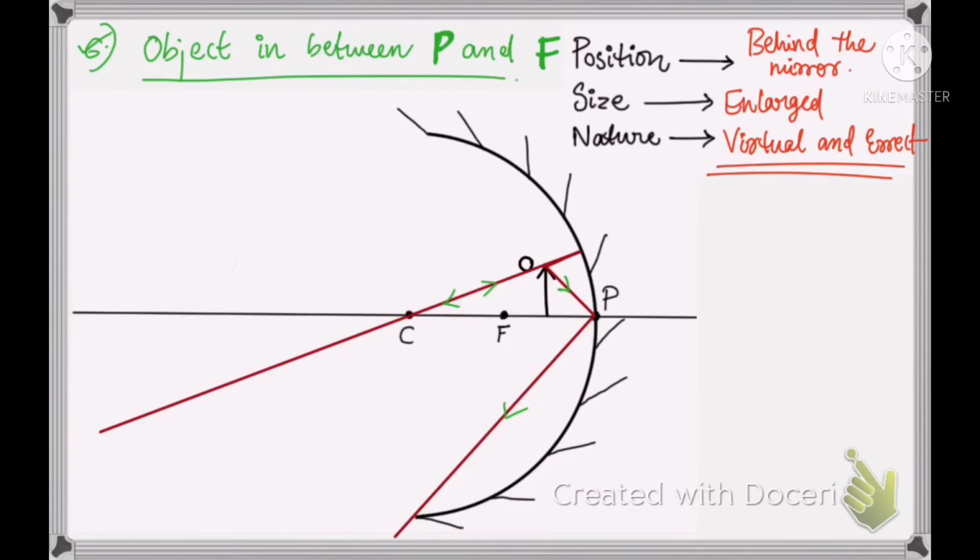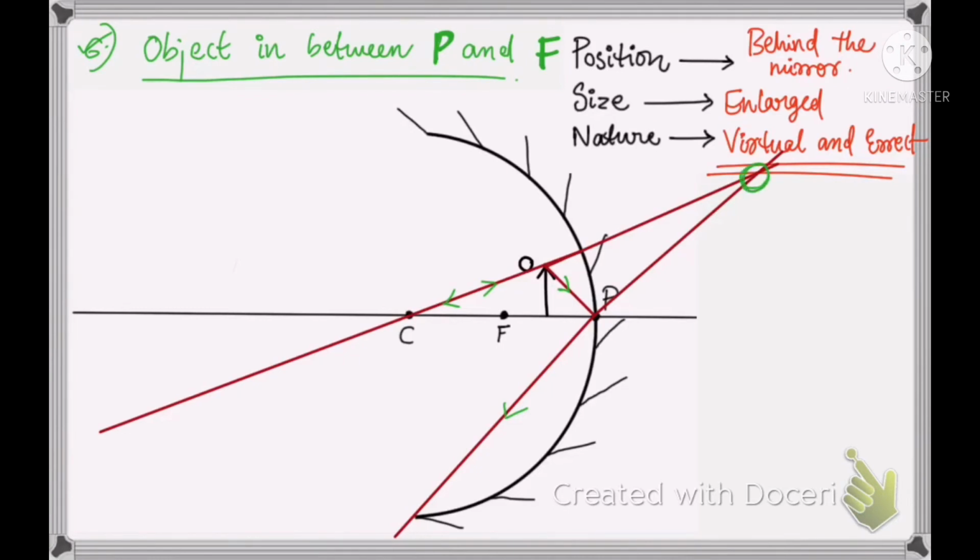So like this, they will never meet in front of the mirror. So we can say that image will never be formed in front of the mirror. But when we extend both behind the mirror, there you can find a point where these both meet together.